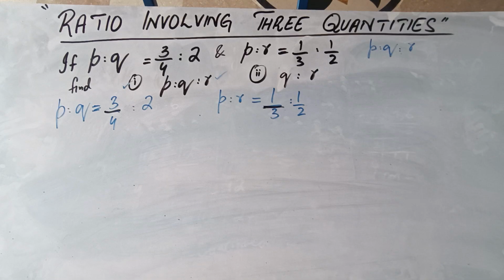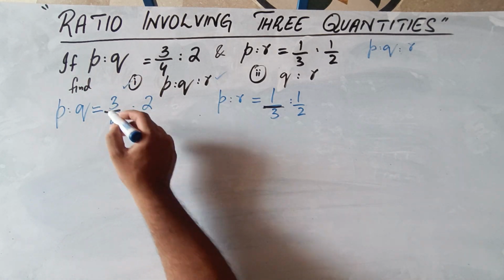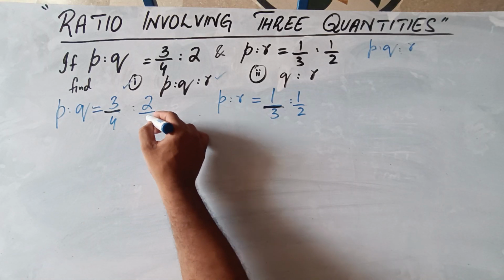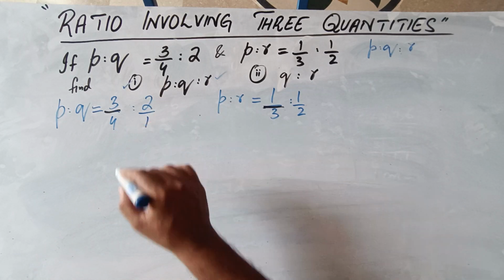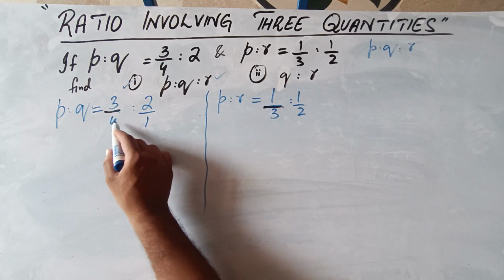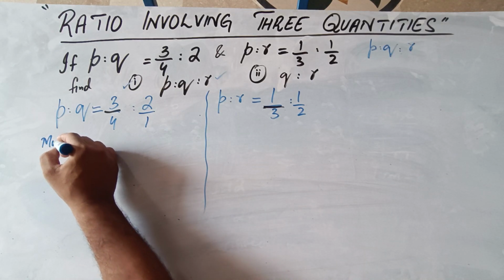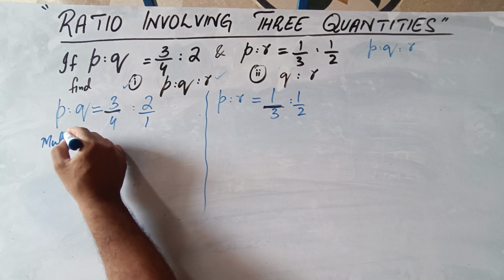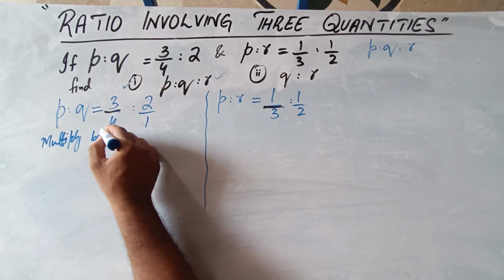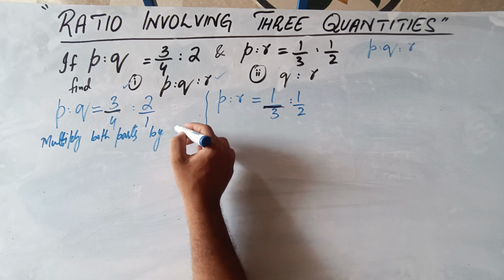Now first of all, our first target is to convert them into whole numbers. How to convert them into a whole number? It's 2, meaning 2/1. So if we want to convert it into a whole number, we need to take the LCM, which is 4, and multiply both parts by 4.